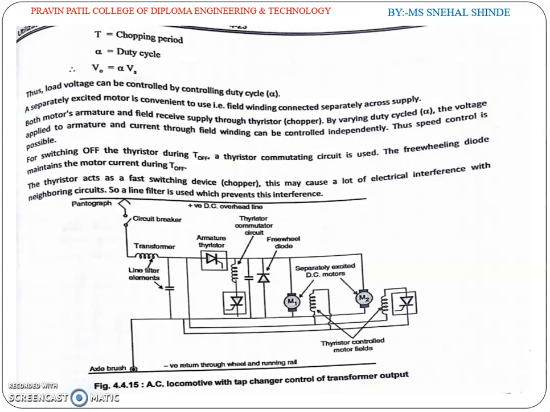Commutation means turning off: the process of turning off the thyristor is known as commutation. So we will use the thyristor commutating circuit, and the freewheeling diode maintains the motor current when it is turned off.